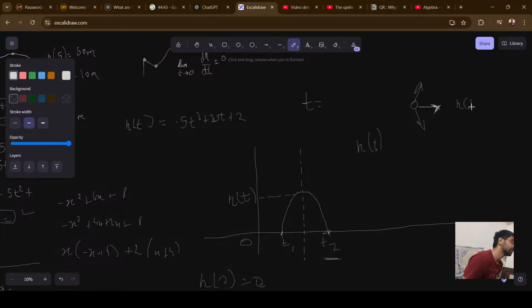For h of t, the slope will be 0. That is, dh by dt will be 0.